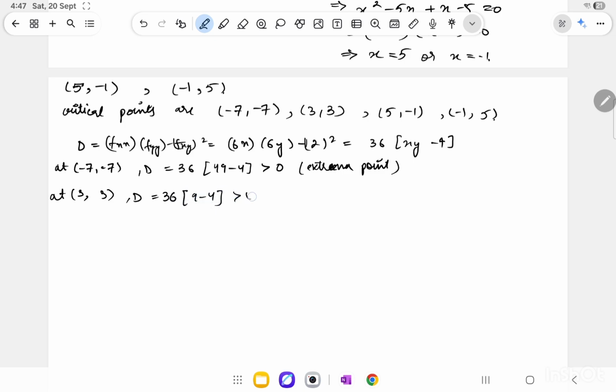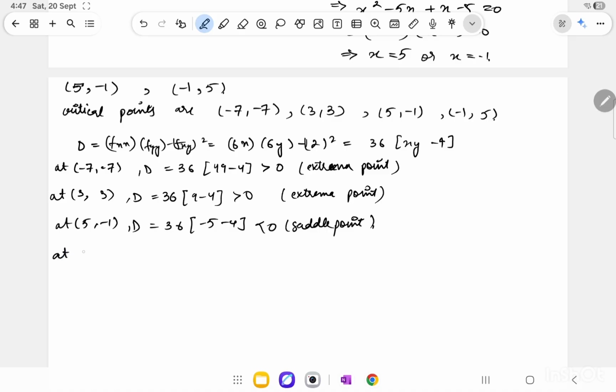Again it is greater than 0, so it is also a extrema point. And at 5 comma negative 1, d will be basically equals to 36 into minus 5 minus 4, that is less than 0. So it is a saddle point here.